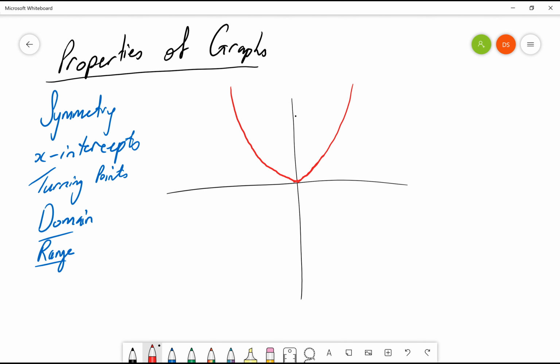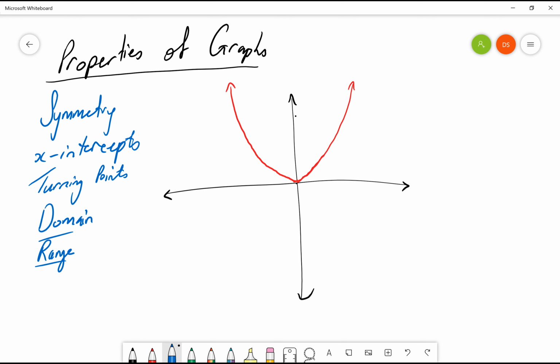What's really important is this function has symmetry through the middle, has x-intercepts, just one here, has a turning point also here, but the domain and range is solely dependent on what I want to look at.